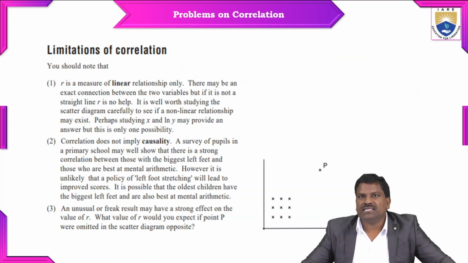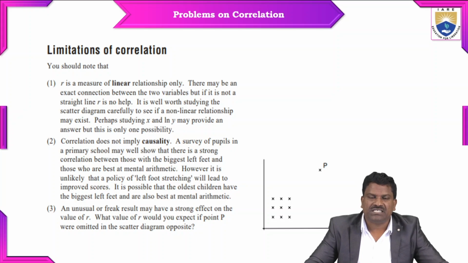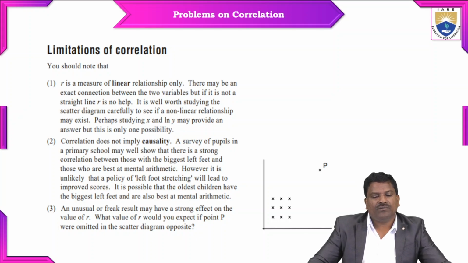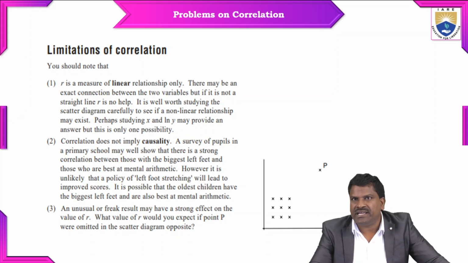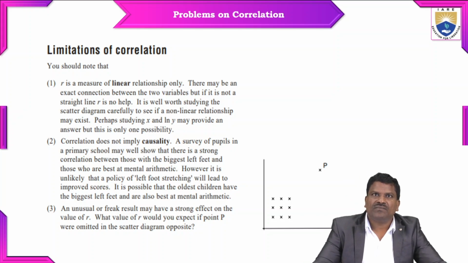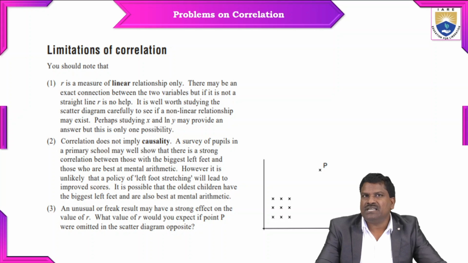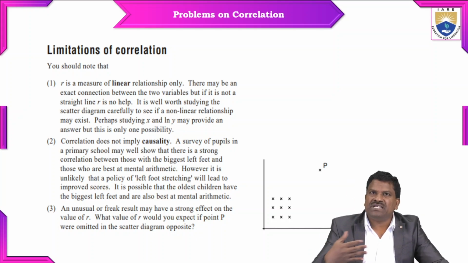So let us see what the limitations of correlation are. There are some limitations, some barriers, in finding this correlation. Especially, the first point is that R is a measure of linear relationship only.